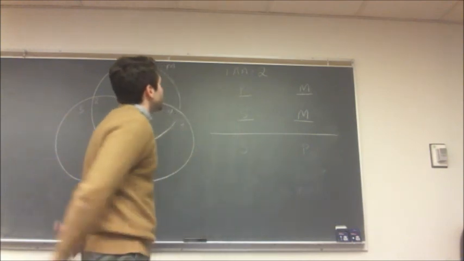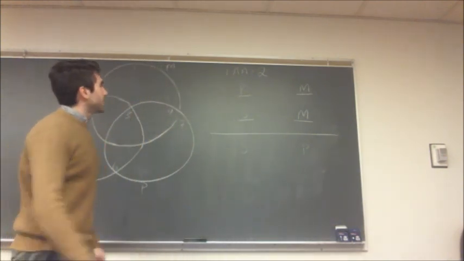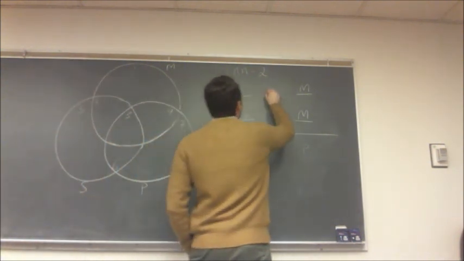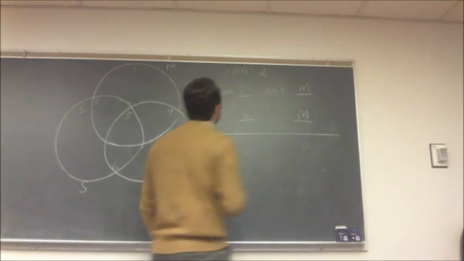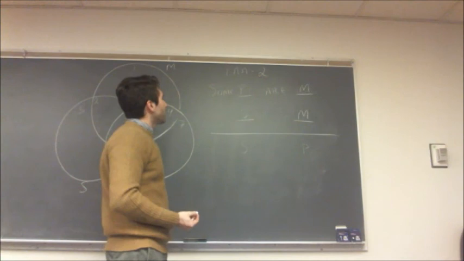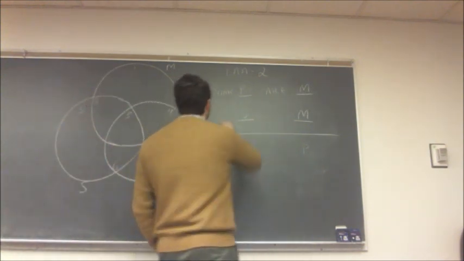So first premise is a type I, which means it is, think about this for a second, I'll write it up. Some P are M, I hope you got that. Second premise is of type A, which means, I'll write it up, what you think about it.